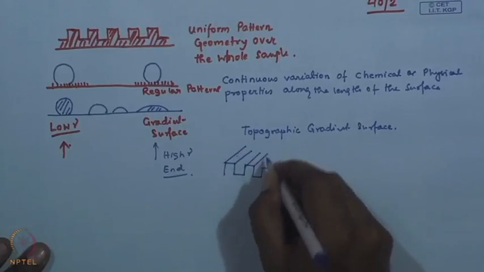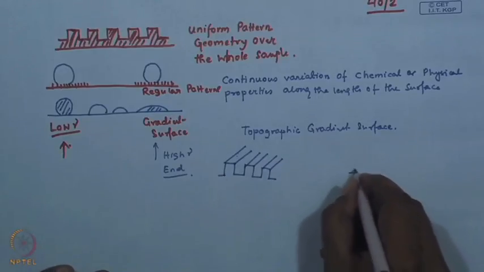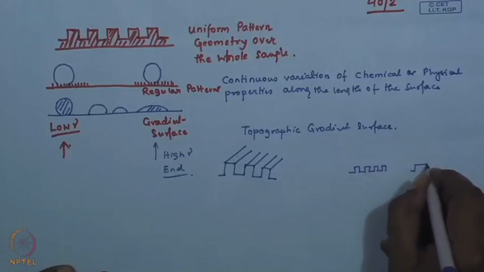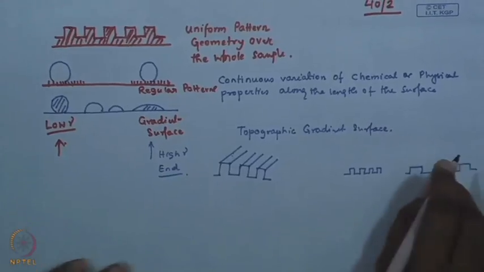One can talk about a topographic gradient so that from one end to the other, maybe the periodicity and the line width of the grating can change.